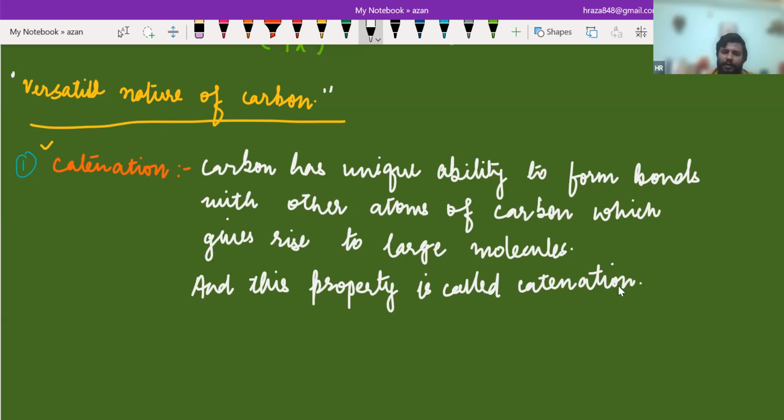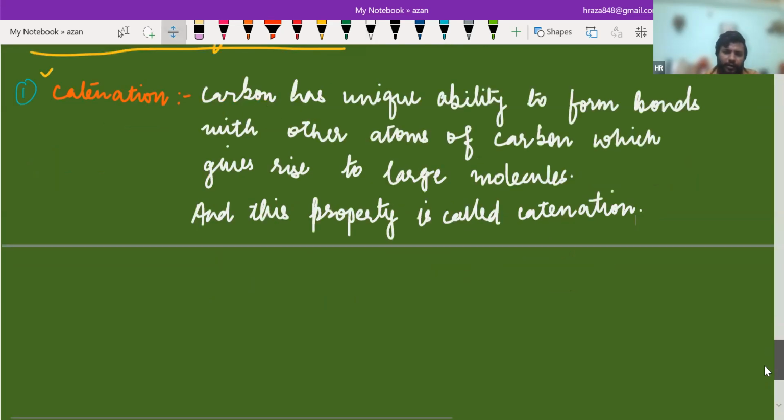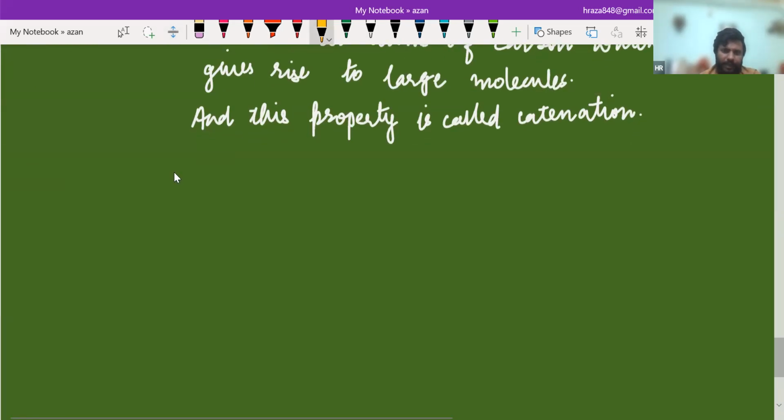Now see, this is the first condition for the versatile nature of carbon. Now we are going to see the second reason, and that is tetravalency. Well, let me write it.